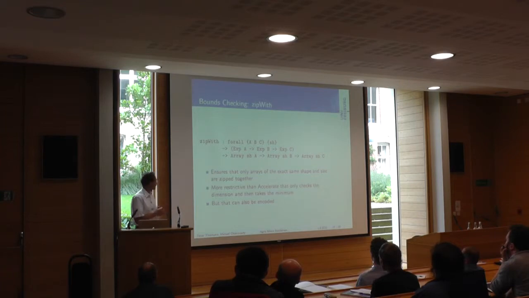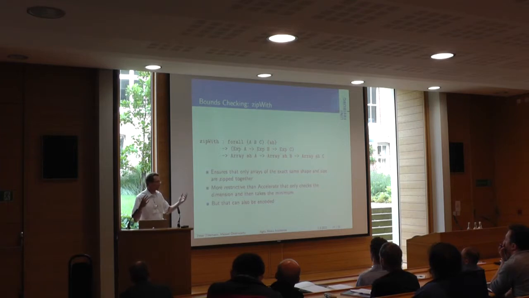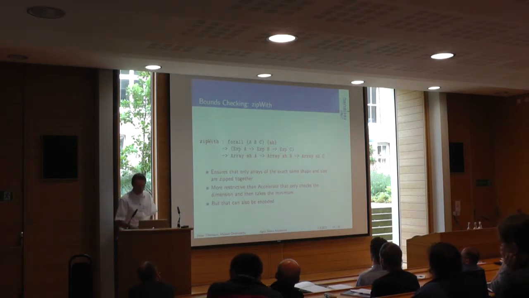So the arrays have to have the exact same shape. On the one hand, this might be what we want. On the other hand, it's more restrictive than what Accelerate actually implements. What Accelerate actually implements is taking the minimum everywhere. If you remember the way that Haskell's zip function works, if one list is shorter, then your result will just be the minimum length of the two lists. And that's what Accelerate also does.